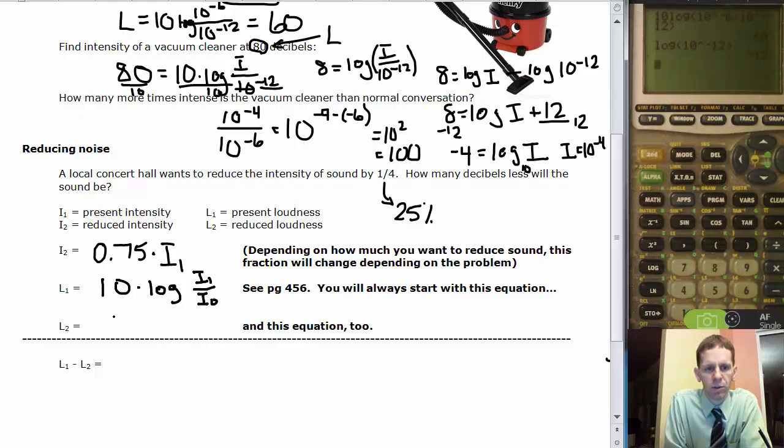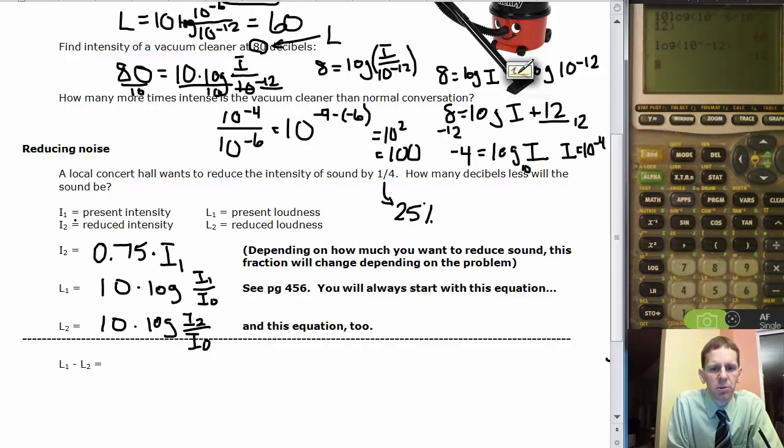And for the reduced loudness, it'll be 10 times log I sub 2 over I sub 0. So it's always over I sub 0. I'm just saying the present loudness is equal to 10 times the log of the present intensity over I sub 0. And the reduced loudness is equal to 10 times the log of I sub 2, the reduced intensity, over I sub 0.